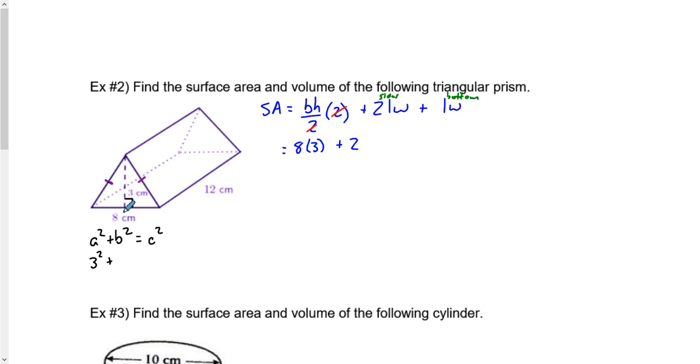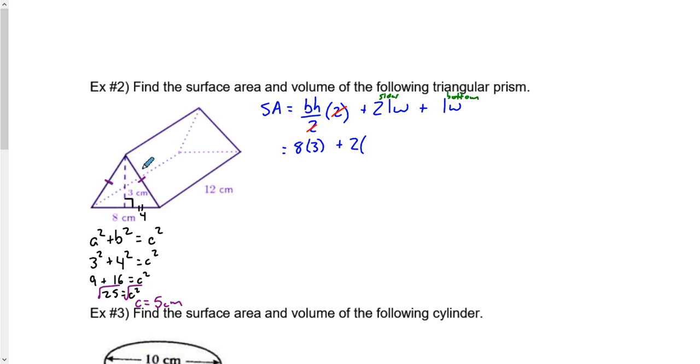Because we only have the right triangle here, this side would have to be 4. 3 squared is 9. 4 squared is 16. By doing our quick Pythagorean theorem, that C side would be 5 centimeters.